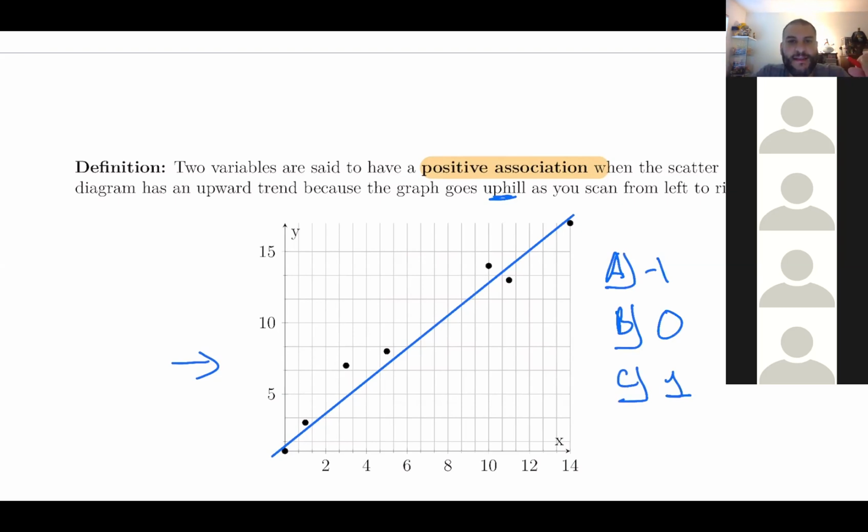If you're looking at this scatter plot, what do you expect the R value to be close to? Do you expect it to be close to -1, 0, or 1? So if it's -1, say A. If it's 0, press B. If it's 1, press C.